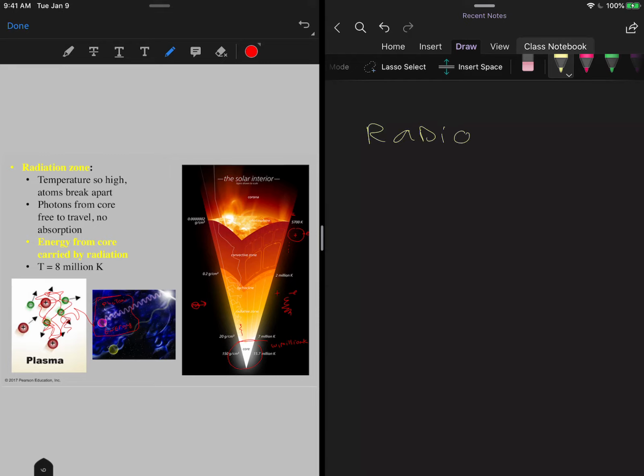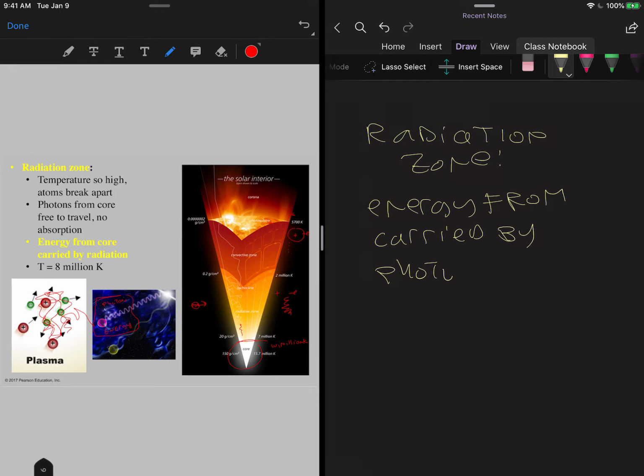So the next layer above the core is called the radiation zone. And the reason why is that energy from the core is carried by photons away from the core, or another word for that is by radiation.